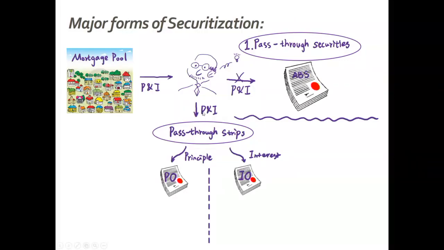And we will give principal payment to PO strip holders, principal only, and we will give interest payment to IO strip holders, interest only. So now I want you guys to think about how do we price these strips, IO and PO strips. So if you hold PO strips, what will your cash flow look like? You only receive principal payment from the monthly payments.